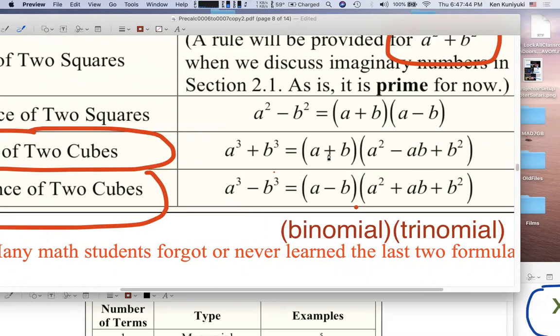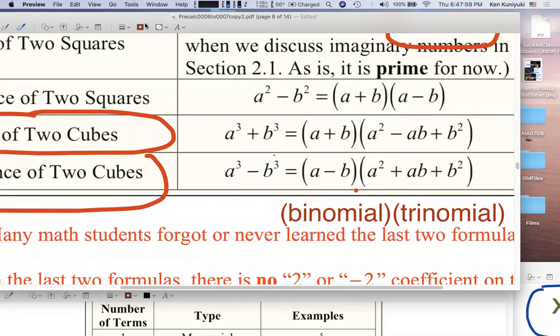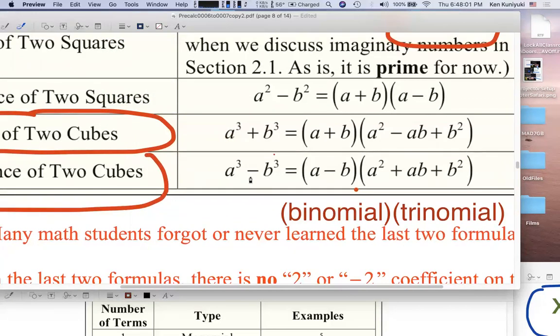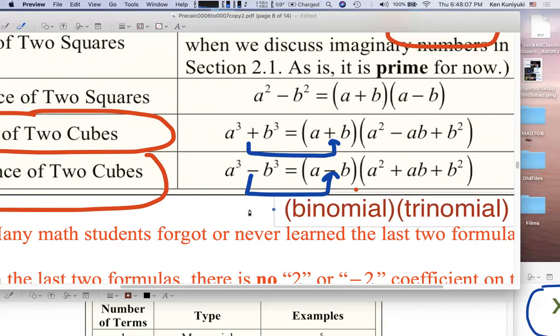Now, the binomial is pretty obvious. When you factor a cubed plus b cubed, you might guess that a plus b is a factor, and you'd be right. If you factor a cubed minus b cubed, you might guess that a minus b is a factor, and you'd be right. Now, notice, I'll put this in blue here. When we go from here to here, the sign stays the same. S for the same sign. Whatever the sign is here, that's the sign there.